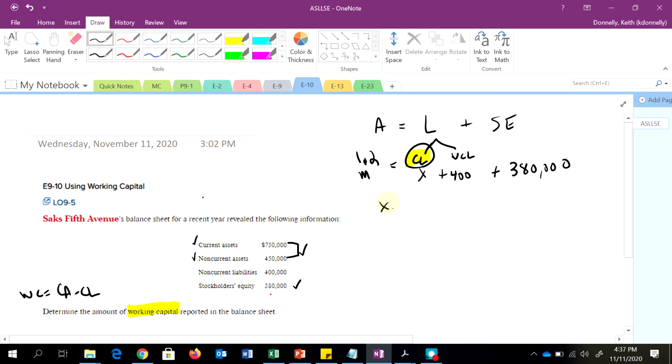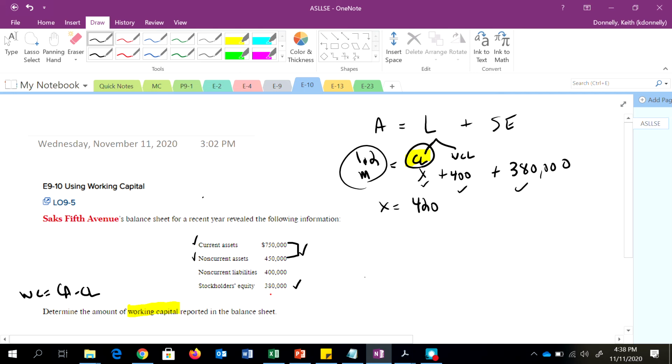So when you solve for X here, in this case, we're going to know that our current liabilities are 420. So in other words, 420 plus 400 plus 380 equals 1.2. So the idea when you look at this, don't freak out if you're not seeing current liabilities. You got to back into it.